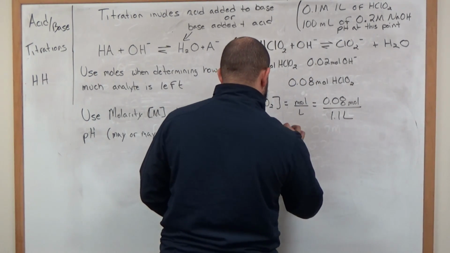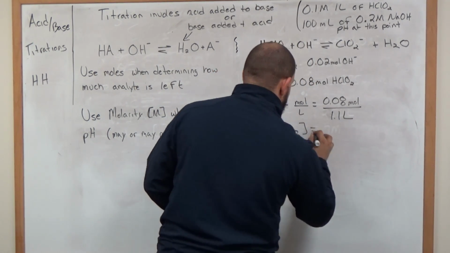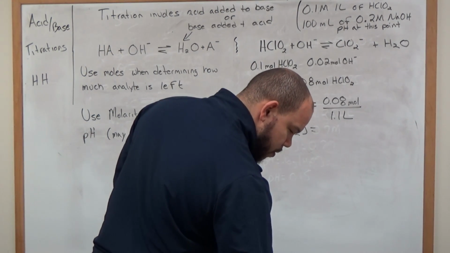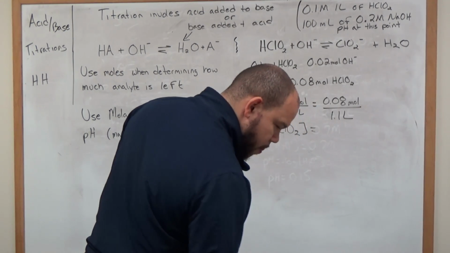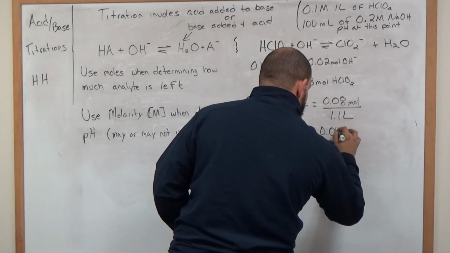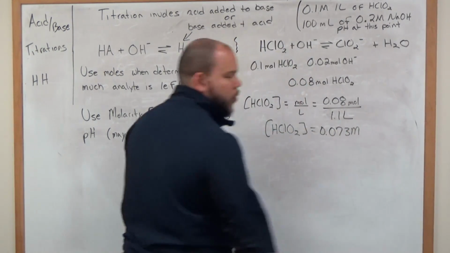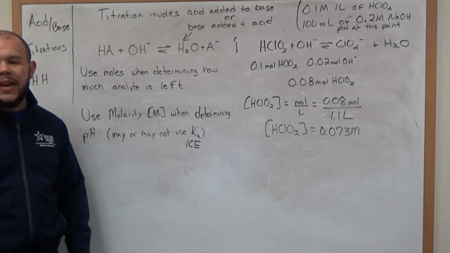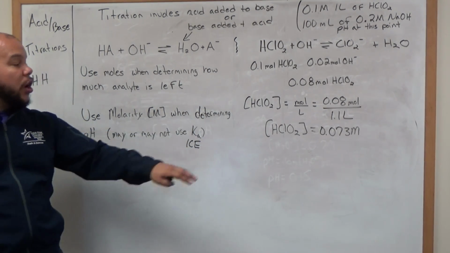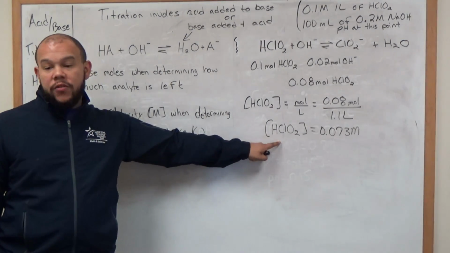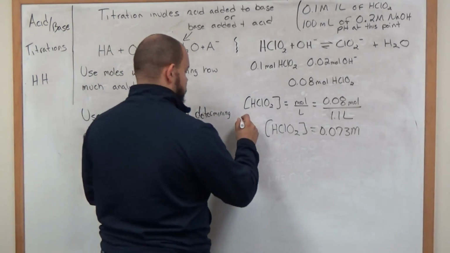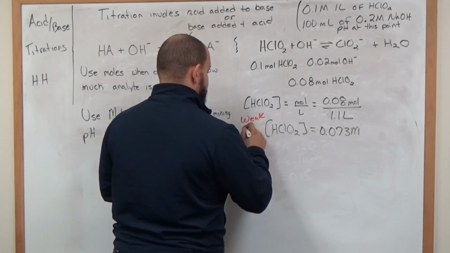The concentration of HClO2 is therefore 0.073. Okay, 0.073. We cannot assume that the concentration of hydronium is the same as this because this is a weak acid.